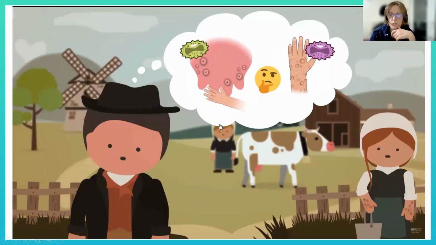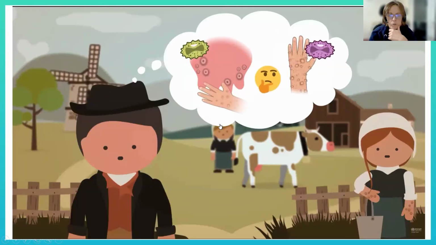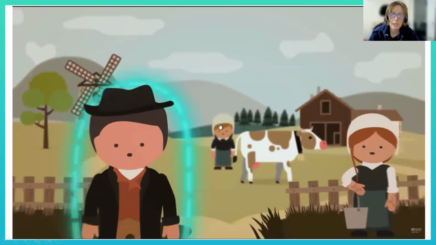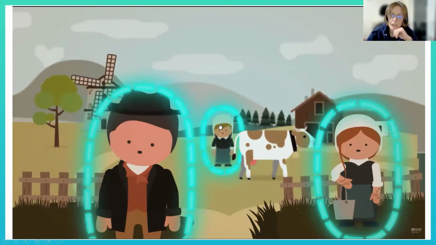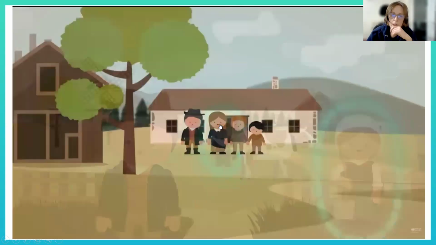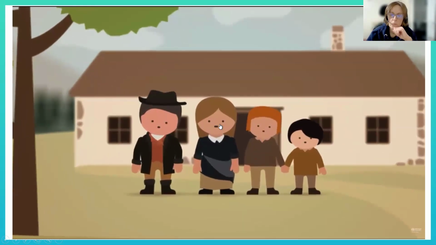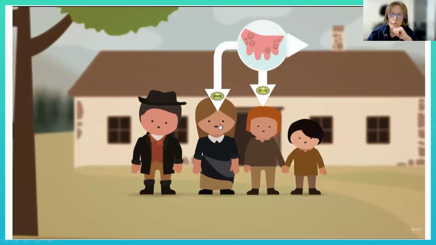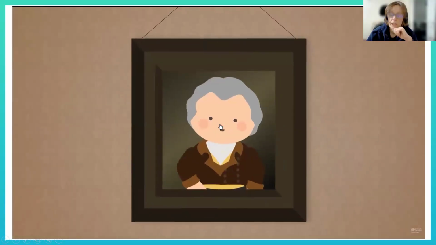Cowpox was actually transferred to people who worked with cows. They used to catch it off the cows, which obviously wasn't very nice. But he noticed that loads of people who worked with the cows who'd caught cowpox and survived it, because it wasn't that deadly, none of them died from smallpox. So in the smallpox outbreak, he infected his whole family with cowpox. So he's pretty confident it was going to work. He infected them all with cowpox and they survived.